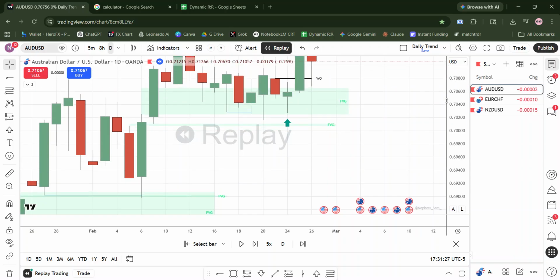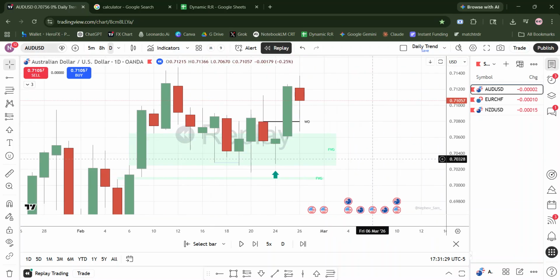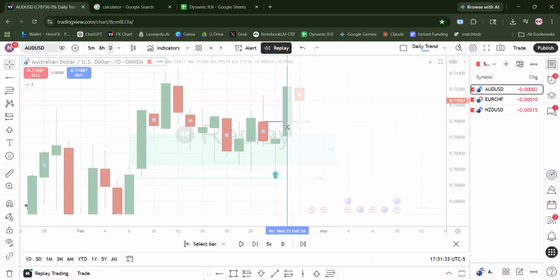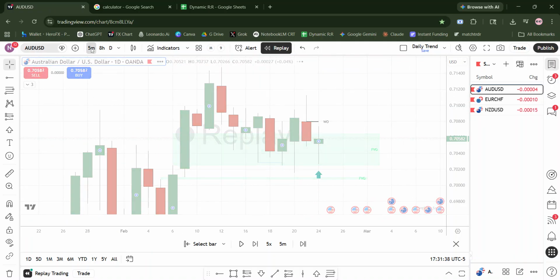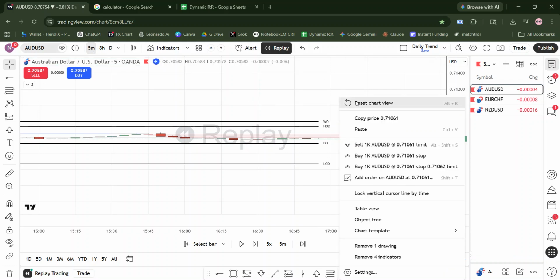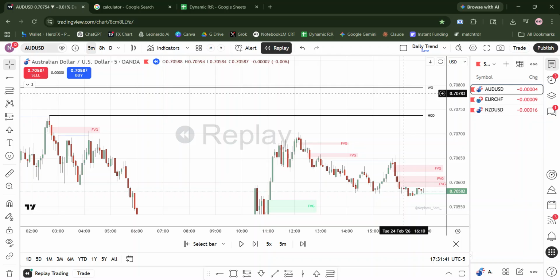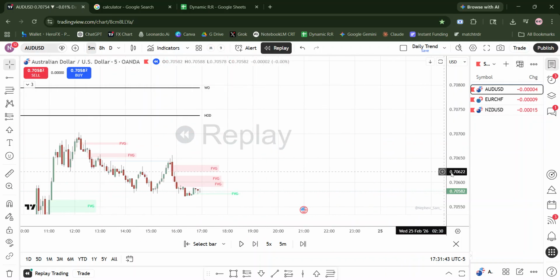So Aussie dollar was a long on Wednesday. So we look for the green fair value gaps. Select the bar. Go down to the 5-minute. Okay, and we started 1800. Here we go.